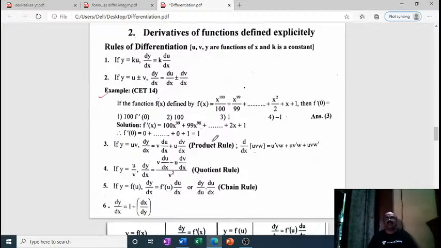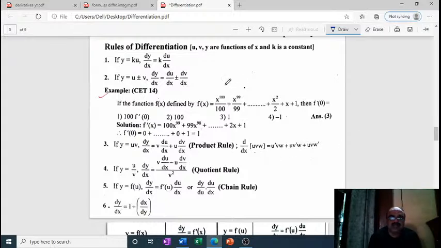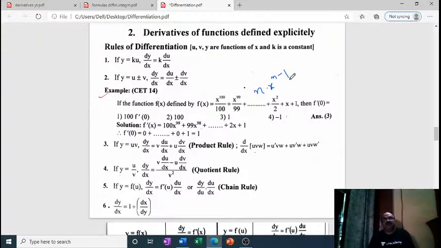See, f dash of x will be 100 into x power 100 minus 1, which is 99, divided by 100.